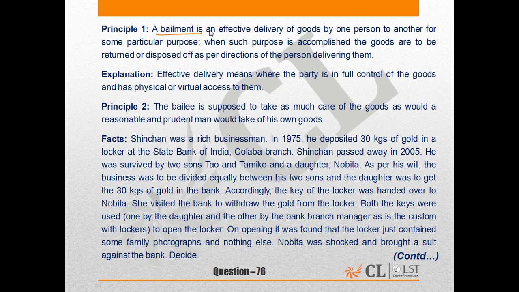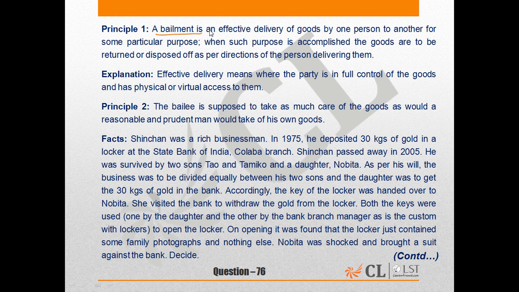What does the principle of bailment say? Bailment is something in which you give your goods to another person for some particular purpose or some work, and that person would do that particular work and then either return you the goods or dispose of the goods as per the direction given by you. That is the concept of bailment.